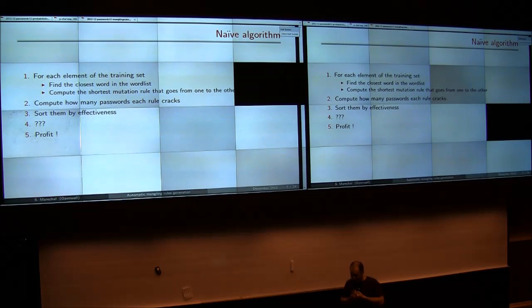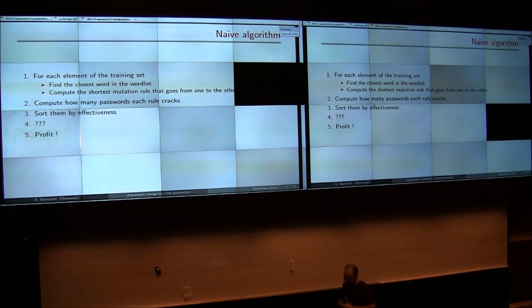So, what might you do in order to take care of this problem? You might believe that the first step is to find, for each word in your training set, the closest corresponding word in the word list. Then compute the shortest mutation rule between the two.